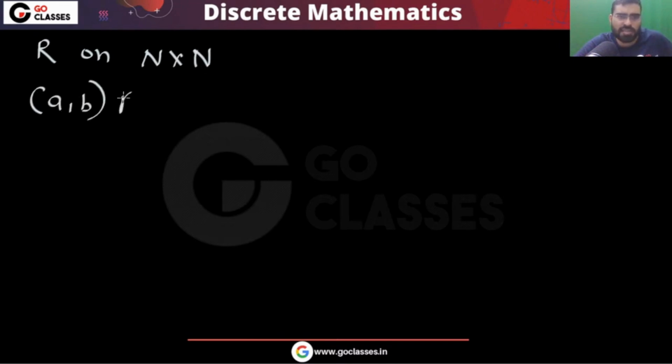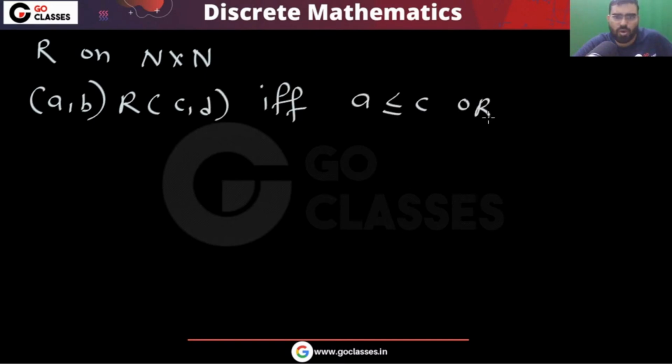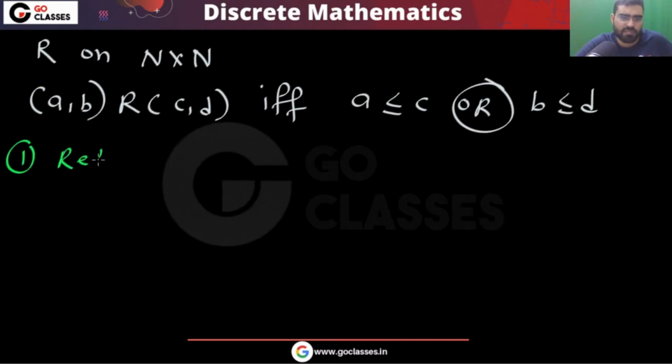Now let's see all the properties and do the complete analysis of this question: (a, b) is related to (c, d) if a is less than or equal to c or b is less than or equal to d. Now tell me, is the reflexive property satisfied?